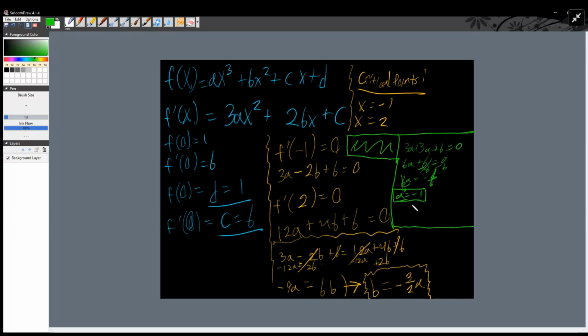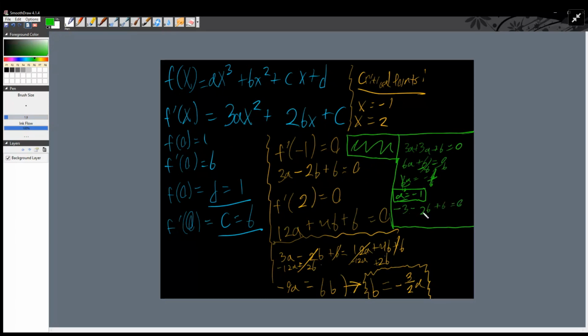All right, that's pretty cool. And we're running out of room, but we should make it. What we're going to do next is plug it back into the same equation, the f prime of negative 1 equation. We get negative 3 minus 2b plus 6 is equal to 0.